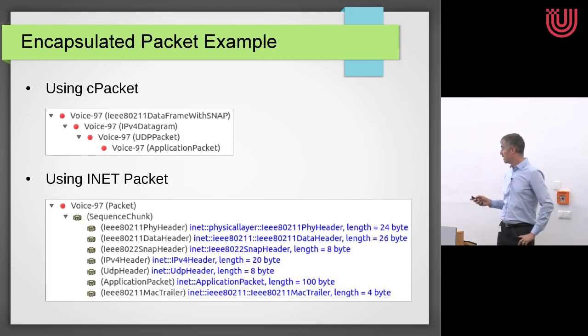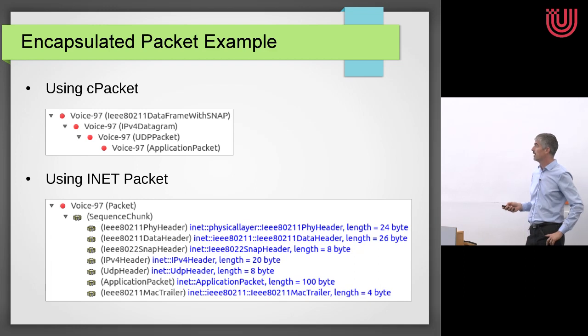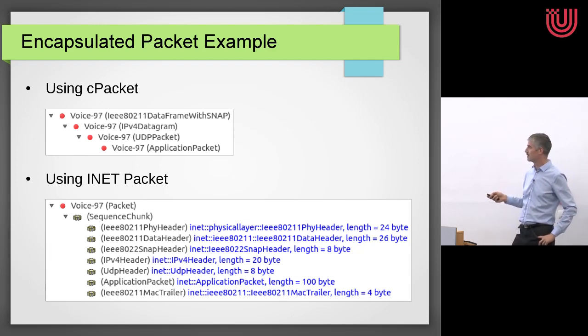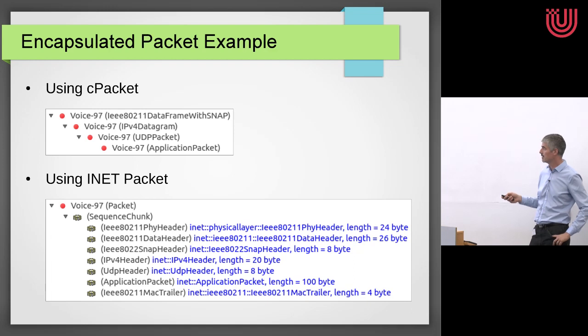If you look at the example at runtime, I intentionally use the view where you don't see all the fields, because then I wouldn't be able to fit it on the screen. So what you see is basically the encapsulated packets here. This is the original INET 3.x version, and this is the new version. The same packet contains a sequence chunk, and it contains a physical header, MAC header, SNAP header, IPv4 header, UDP header, the application packet, and then the MAC trailer.